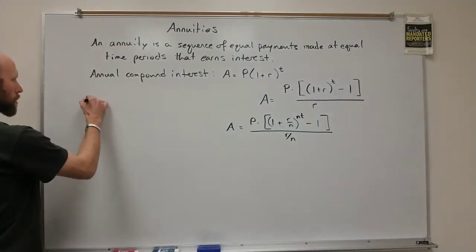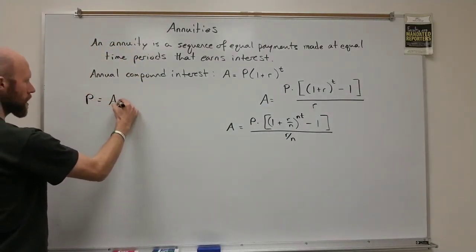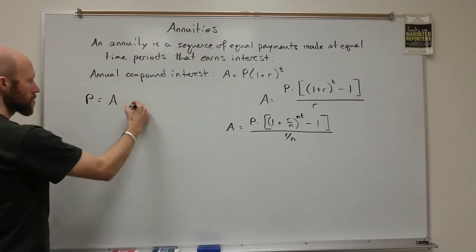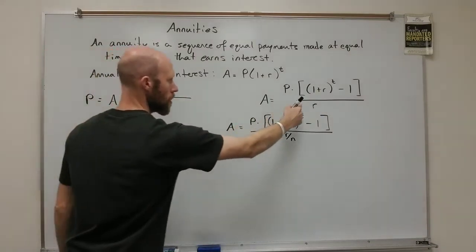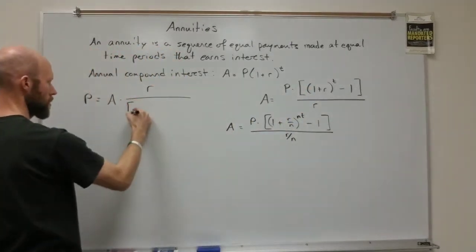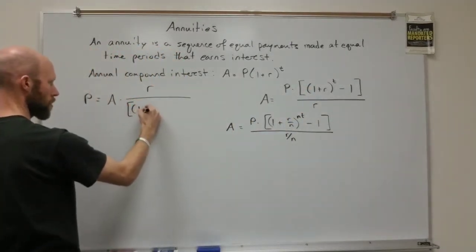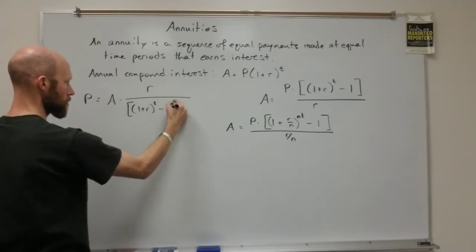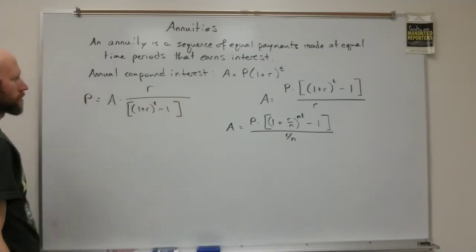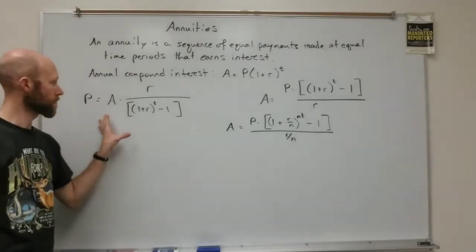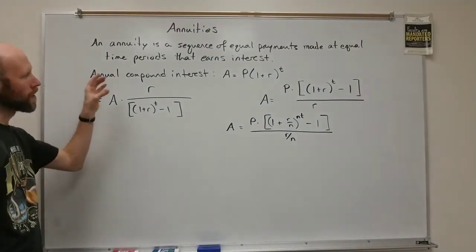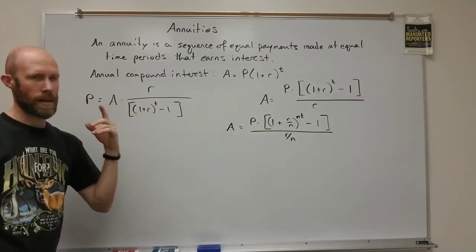So that would tell you that P must equal A times R over 1 plus R to the T minus 1. Okay, so that would be our formula for solving for the payment on an annual interest.